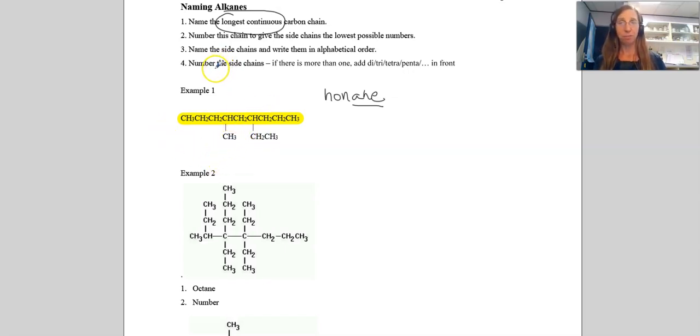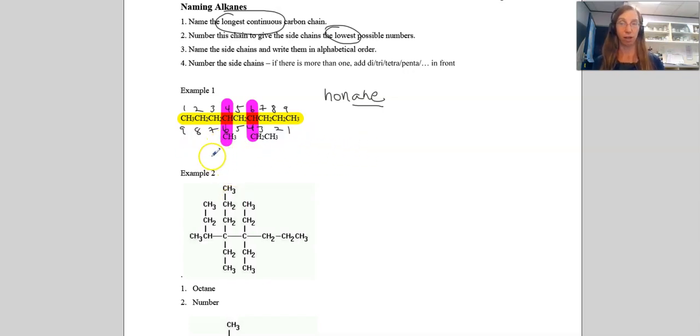And then we need to number it so that the side groups get the lowest possible number. So the top here, starting from left to right, the side groups would be numbered 4 and 6. The bottom, from right to left, they'd also be numbered 4 and 6, so they're actually the same. There's a rule for that as well. Then we put them in alphabetical order.